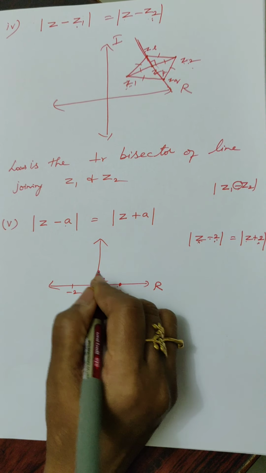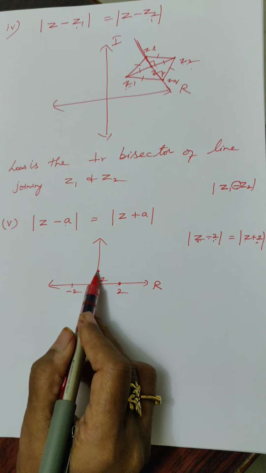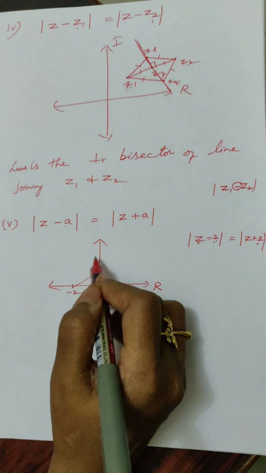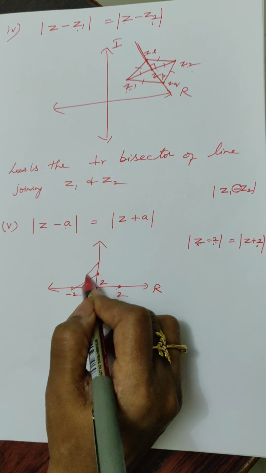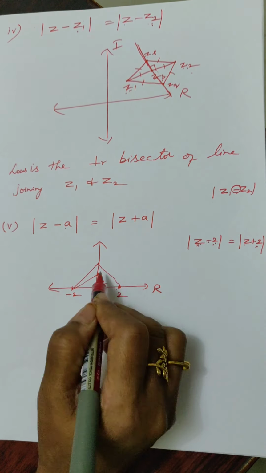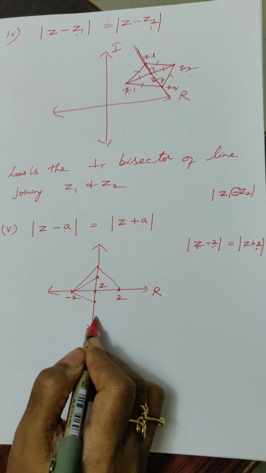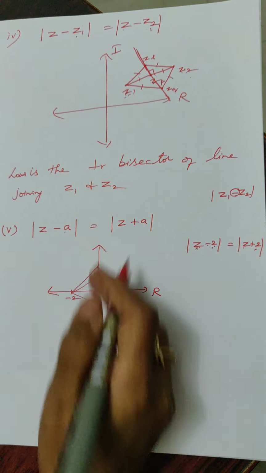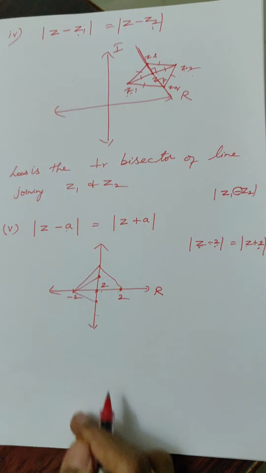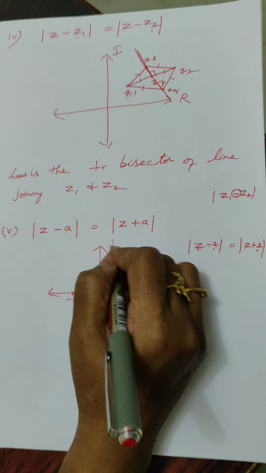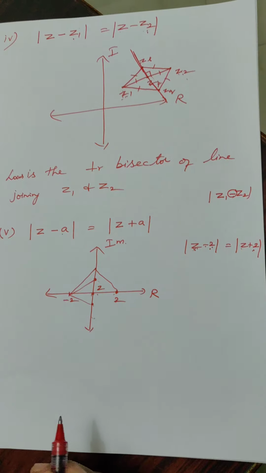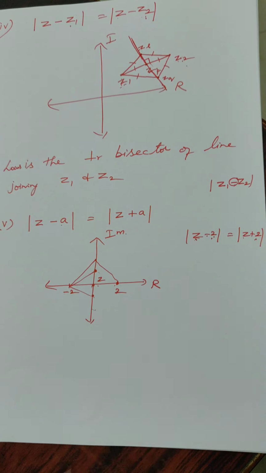If I am taking z here, these two distances are equal. Similarly, if I am taking z here, these two distances are equal. We can collect all the points, and if I join all the points, the locus lies on the imaginary axis.